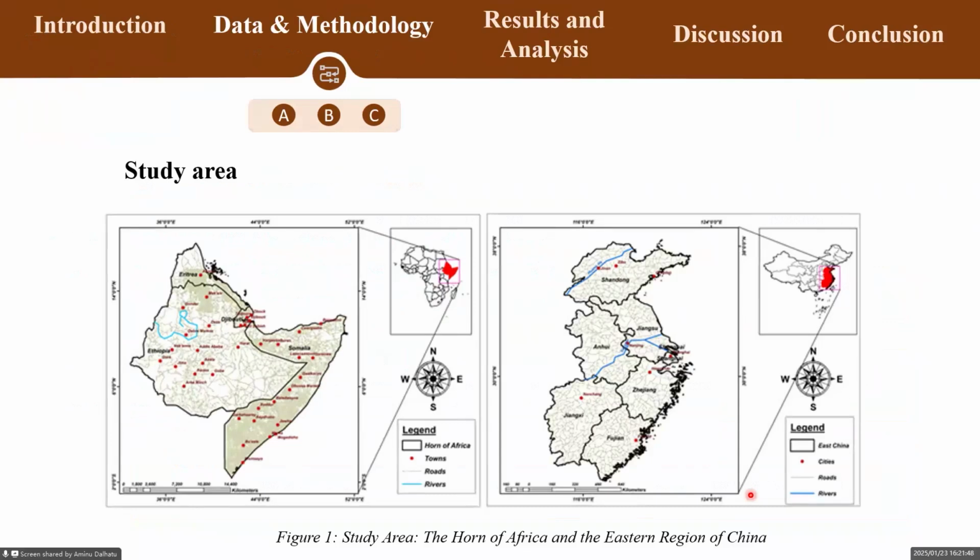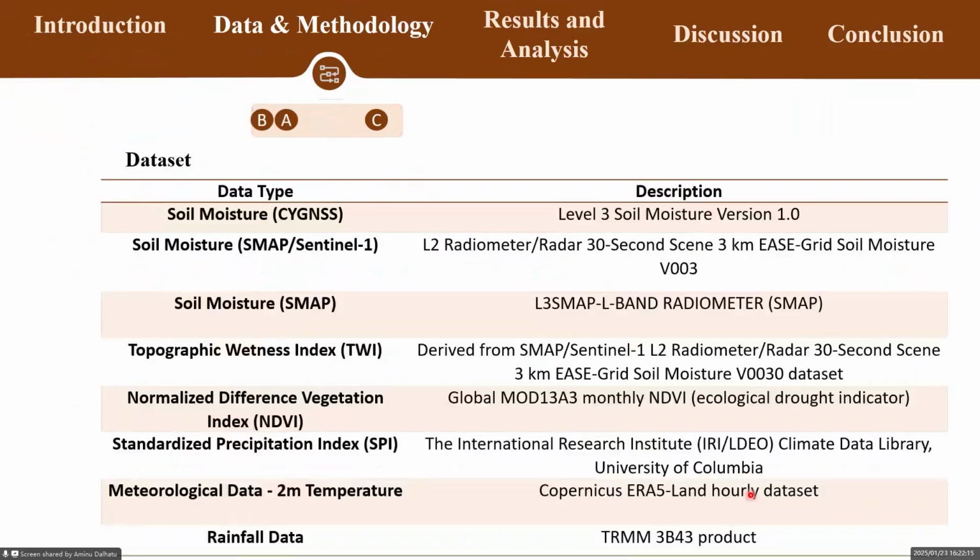Why did I take these two? Because both regions are susceptible to drought and water scarcity, and the recurring drought events in these areas underscore the critical need to understand and develop effective drought monitoring and management strategies. I hope I'm not boring you, this is taking so long, but it's okay.